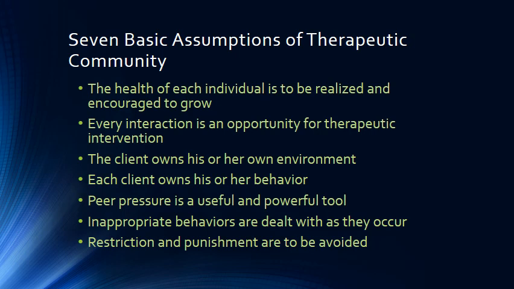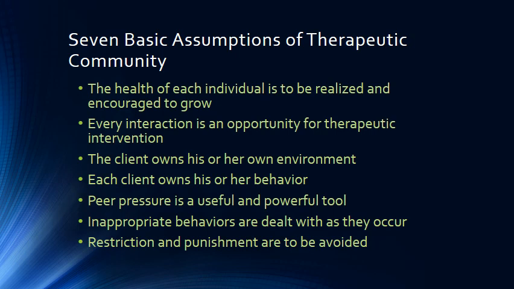In order to have a therapeutic community, there are 7 basic assumptions or kind of conditions that need to exist. The first is that the health of each individual is to be realized and encouraged to grow. So we're going to focus on the strength of each individual within the group.